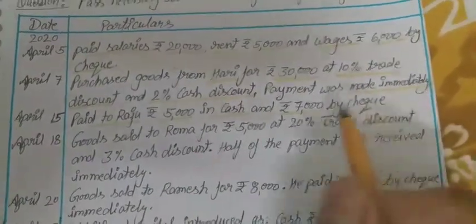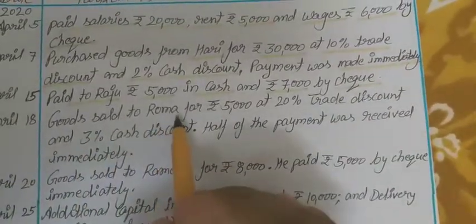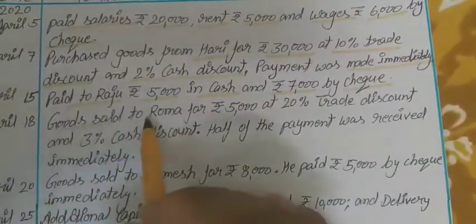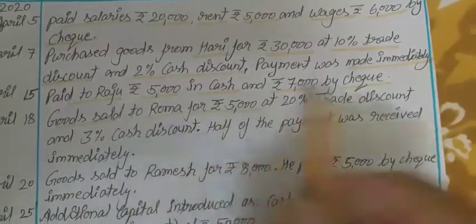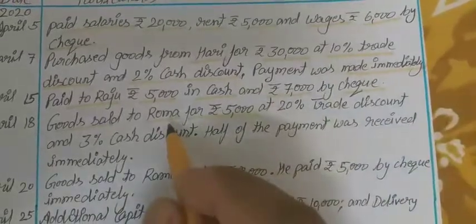Okay. Next transaction, students. Goods sold to Roma. Here we are selling to Roma for rupees 5,000. No cash, no credit, only the name is given.